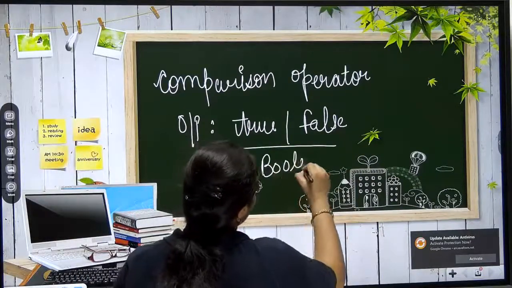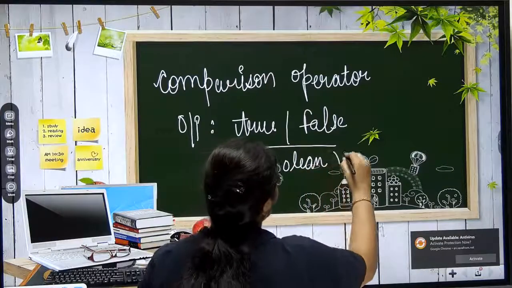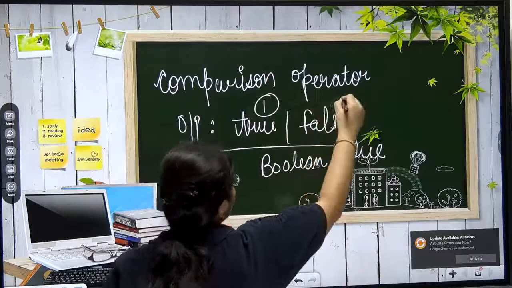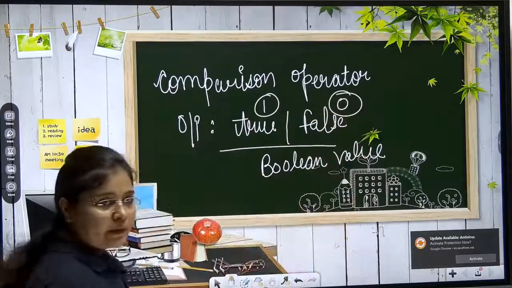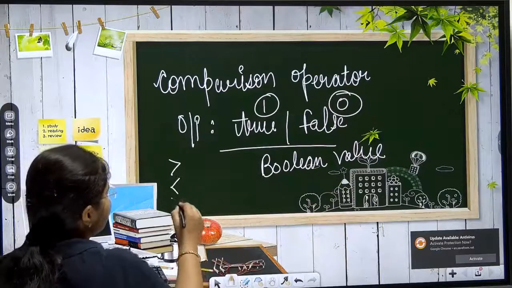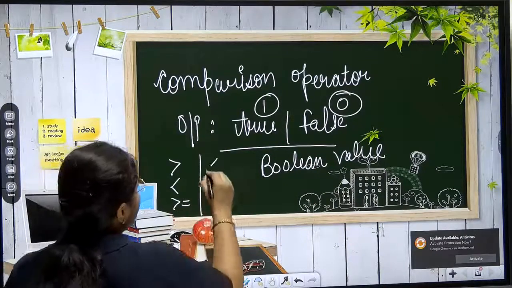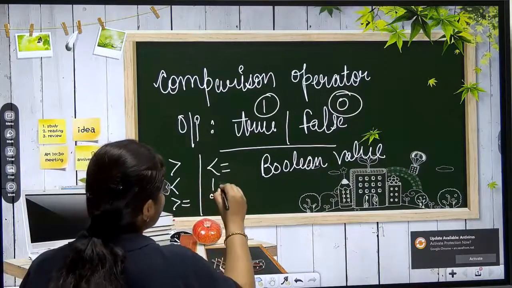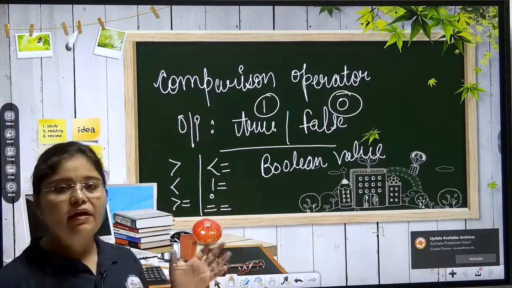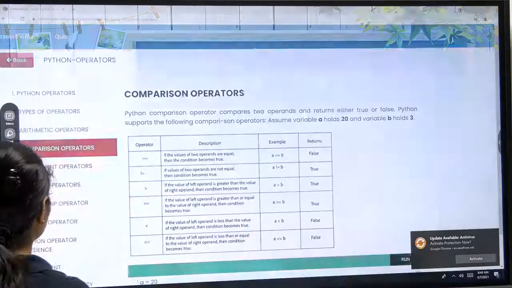In computers, true and false are known as Boolean values, meaning in output 1 means true and 0 means false. We have here greater than, less than, greater than equal to, less than equal to, not equal to, and equal to. This kind of operator we have in comparison operators.